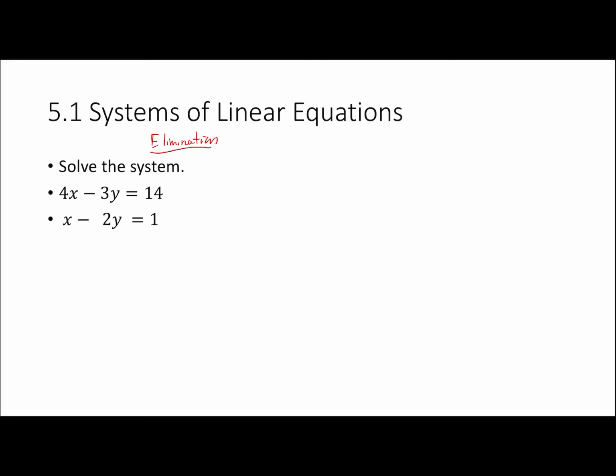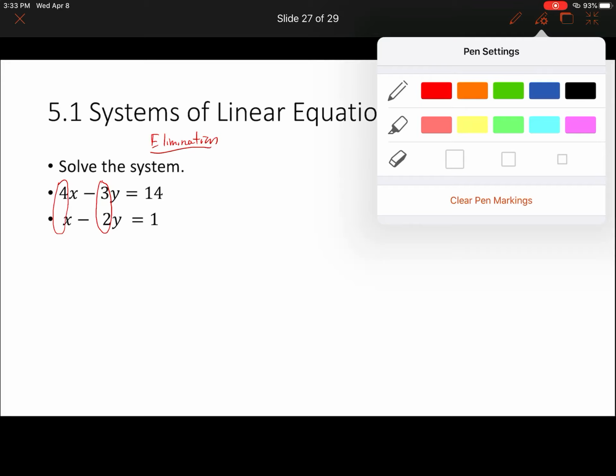To do that, you need the coefficients of these to be the same number and opposite signs. Sometimes that's easy because it's easy to pick out. Maybe they're already the same number with different signs, and if that's the case, then that really helps.